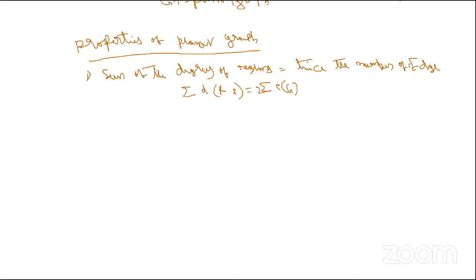Second: the number of regions is less than or equal to 2/3 of the number of edges.